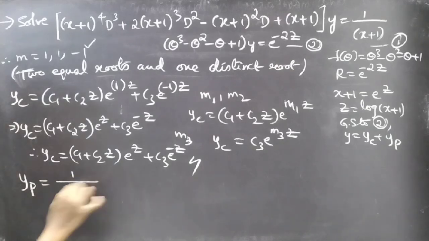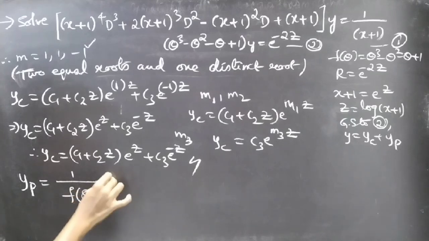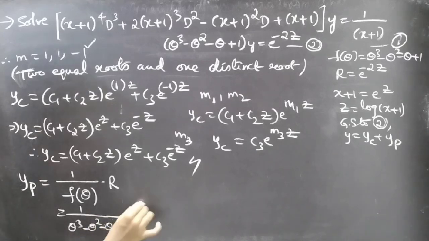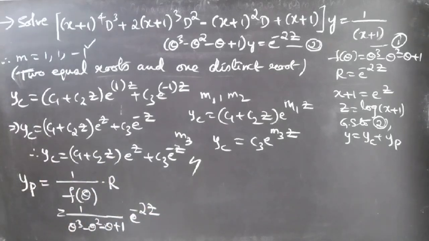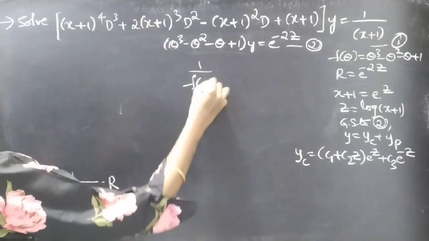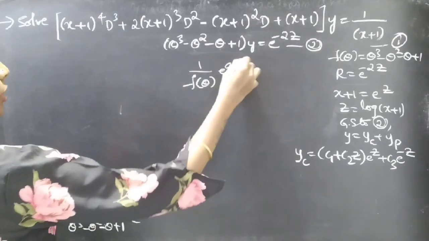Now we need to find yp. Yp is given by 1 by f of theta into r, where f of theta is theta cube minus theta square minus theta plus 1, and r is e power minus 2z, right? So this is of the type 1 by f of theta into e power az.